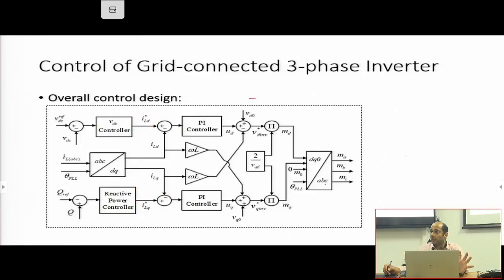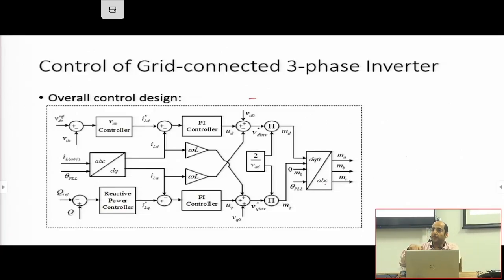Simple. So the concept is we have to control the P and the Q. Compare the reference with the actual, get the D axis and Q axis reference currents, compare with the actual currents, and it goes to the PI controller. The PI controller will give you UD and UQ, the decoupled DQ axis control variables.